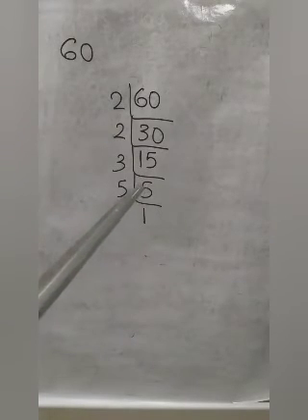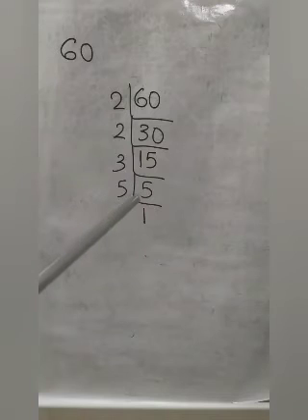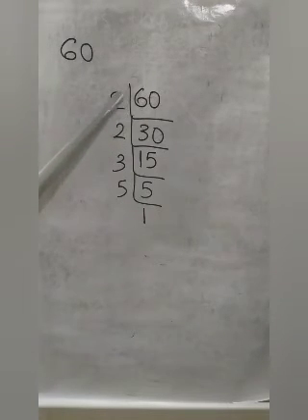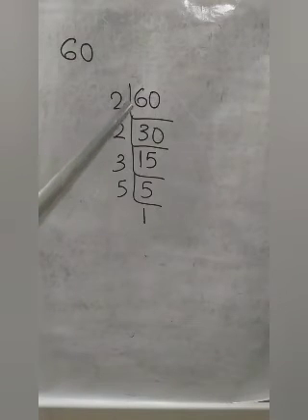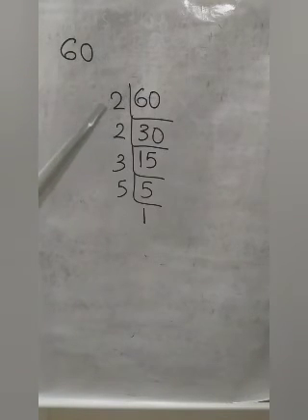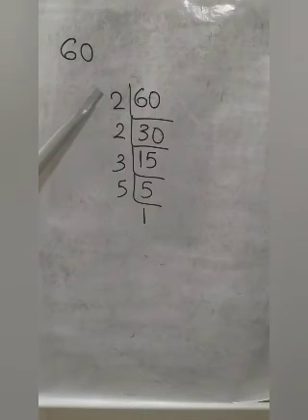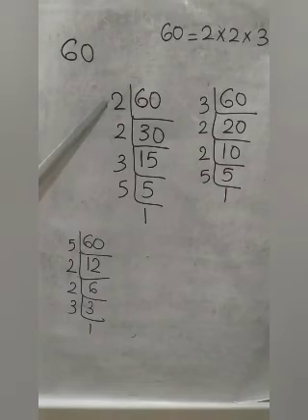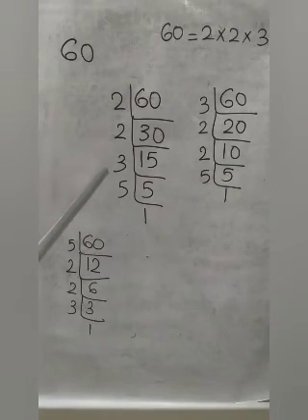Again 5 is a prime number, so 5 itself. Here for 60, 2 is a factor. Similarly 3 is also a factor, 5 is also a factor. So if you start with 3 or 5, that also your prime factorization is correct. In any case, the prime factorization will be the same. Here we started with 2 and we got the prime factorization 2 into 2 into 3 into 5.